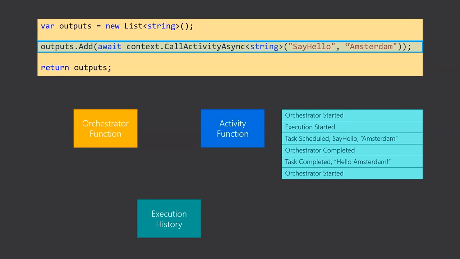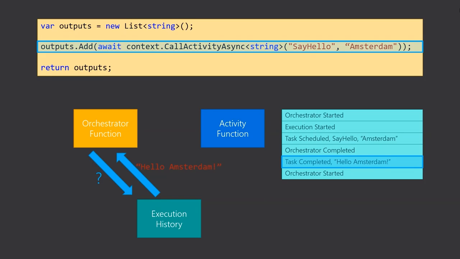But you have to remember that we're in a serverless, kind of stateless way now, but we still have to be a little bit more stateful. So that's where our execution history comes in, because when it's going to reach that line, it's going to do the same thing it did before. It's going to look into the execution history and say, did we run that before? And the execution history will say, yes, the function say hello ran with the parameter Amsterdam and returned hello Amsterdam.